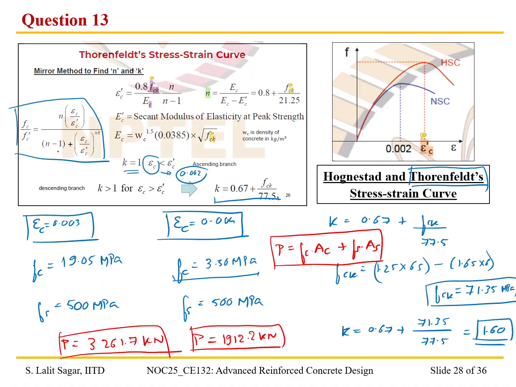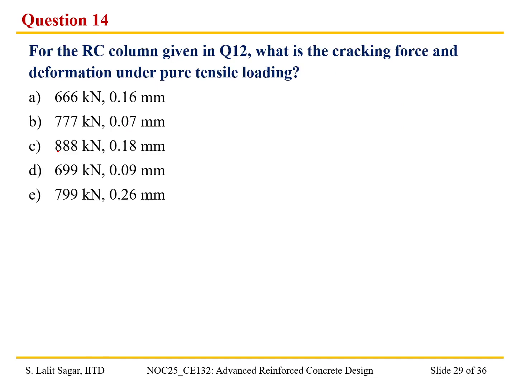Okay, so we'll move ahead very quickly again. For the RC column given in question 12, we have to determine the cracking force and deformation under the pure tensile loading. Again, I will start with the problem without any delay, right?